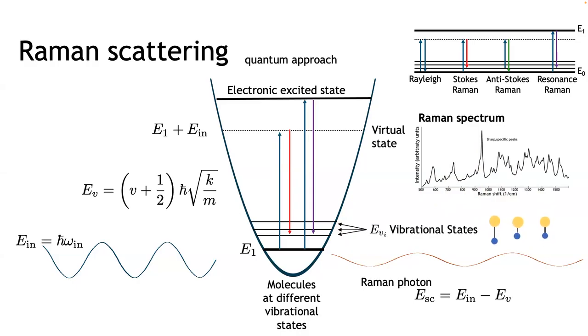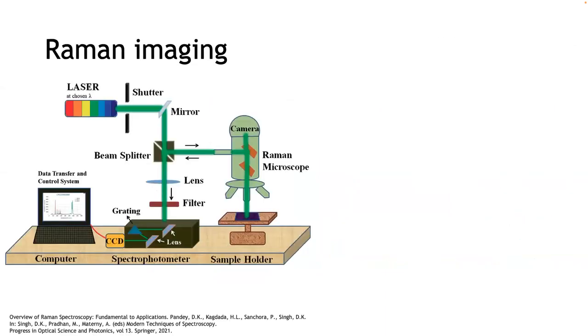So this is Raman scattering, and this is an analytical technique used in chemistry. We can use this for imaging. So we have an excitation laser. We can choose what frequency, what wavelength our laser emits at. Then we use beam splitters. We illuminate the sample, collect the scattered light, analyze it in a spectrophotometer, and then we get the spectrum.